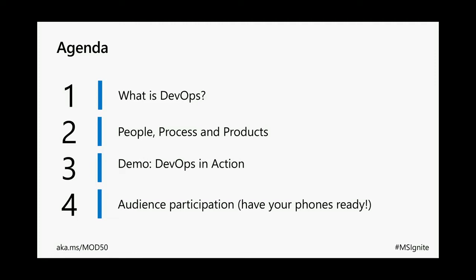That's automatically going to push that change to an Azure DevOps project, which is automatically going to do a build and a release, and then the release is automatically going to build two different websites, a staging site and a production site. And I'm going to ask for some audience participation at the end as well, so have your phones ready. There's a little bit of an A/B test we're going to do to see how everything worked.